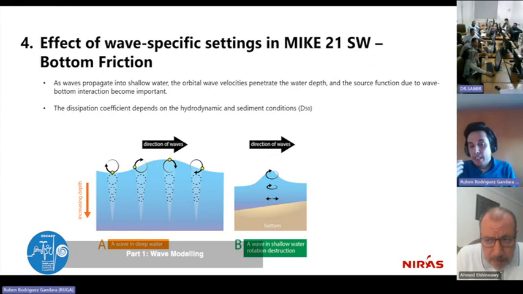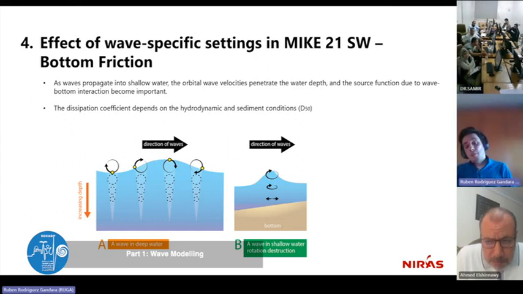You can also specify the type of sediment, whether it's sand or mud, and Mike will try to compute a much better friction coefficient, because now you are telling Mike exactly how the sediment at that location is.